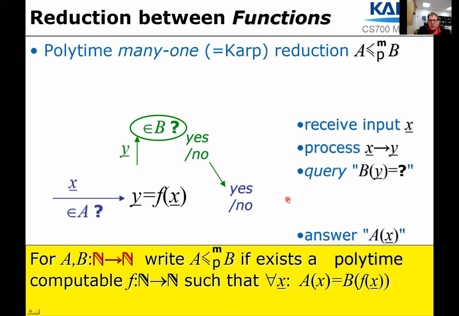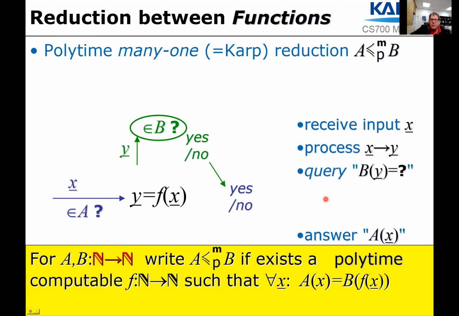But when we want to talk about reductions between function problems, where both the argument and the value are natural numbers, there are some additional variations that will later be of relevance when we talk about reductions between real problems, which also excludes decision problems.